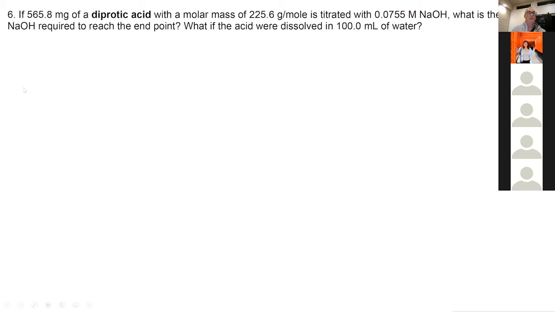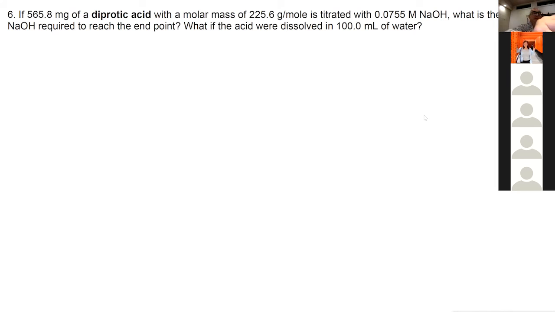Okay. This should look kind of familiar because it is evil. All right, so we have a mass. We have a diprotic acid. What does that mean? Two hydrogens. Right, it just means it has two hydrogens.